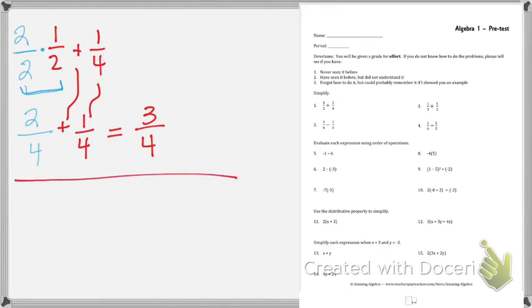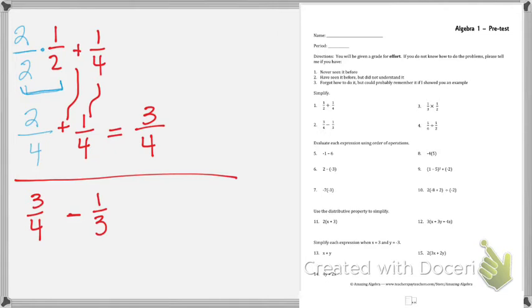All right, on number 2, we have 3/4 minus 1/3. Well, those are not the same. So think of it this way. Is there a number that I can multiply with 4 to get 3? Well, no, because 3 is less than 4, so we can't do that. So let's try the opposite way. Can I take a number and multiply it with 3 to get 4? Well, no, that doesn't work either.